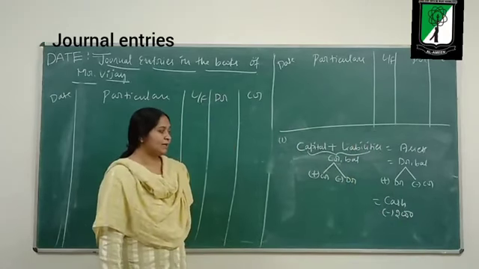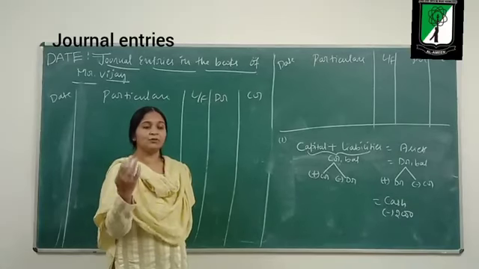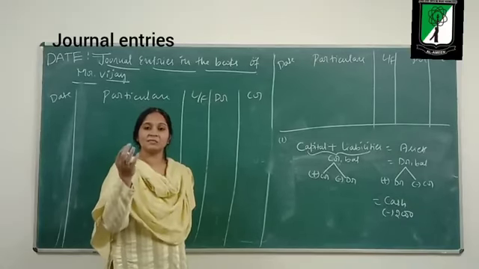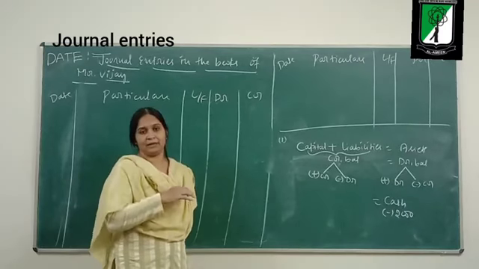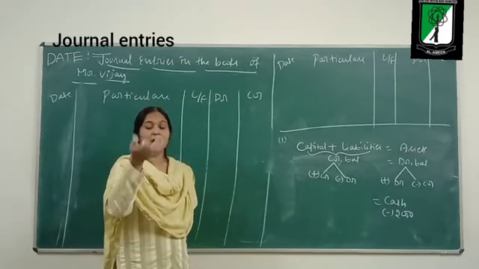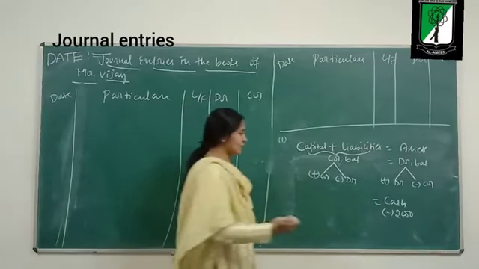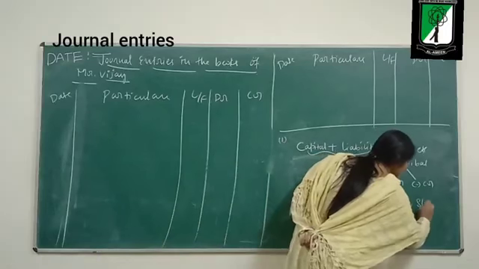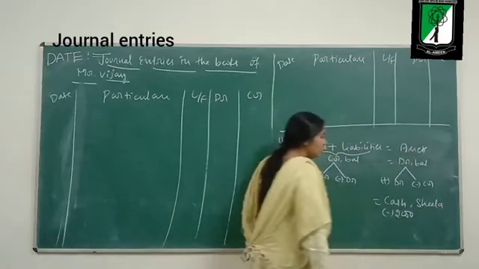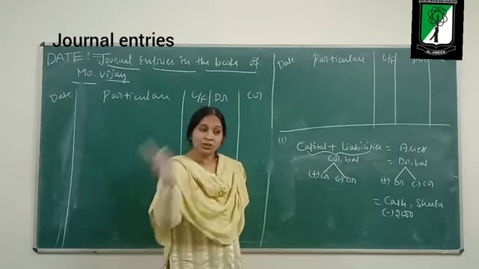Now what is happening here? 2000 it has paid to Sheila, and in future Sheila has promised to make payment. In future if we are receiving our money, it is an asset. Sheila is an asset. So you are paying money to Sheila.